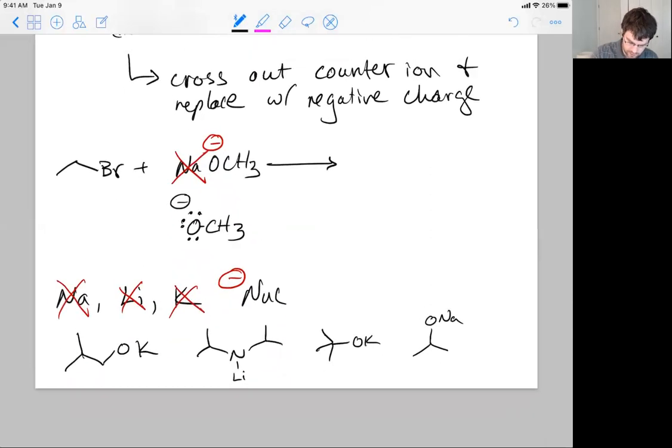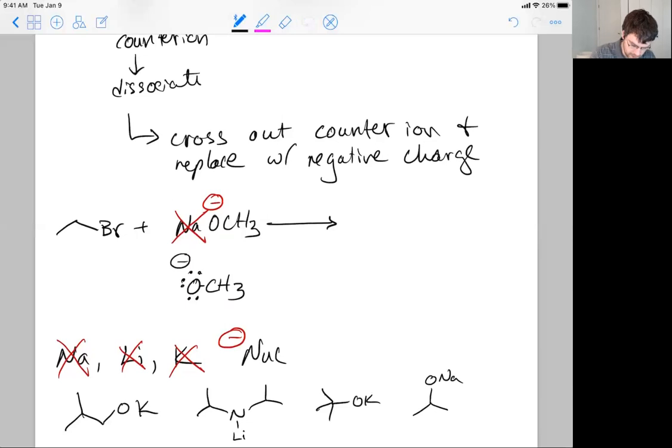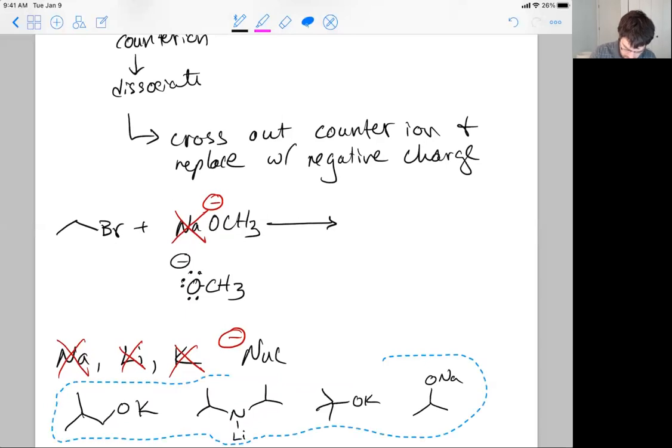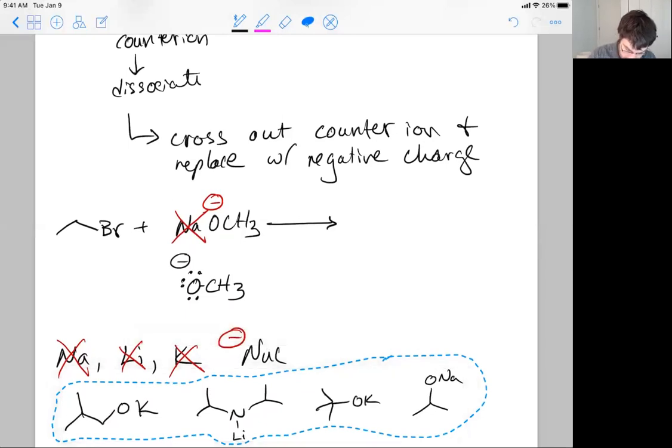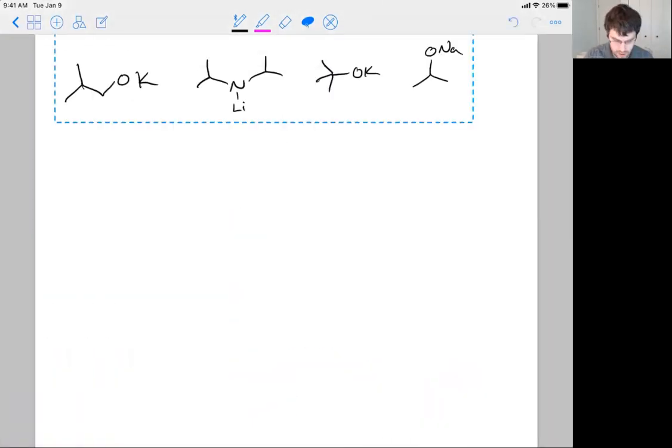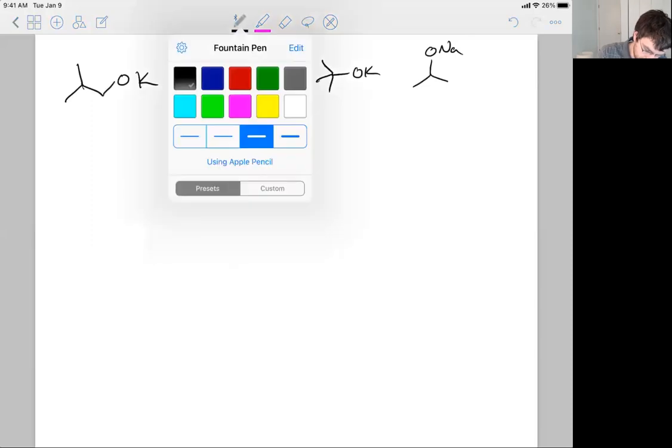What I want you to do for these is cross out the, and I'm just going to move them over to another page of notes here. So you want to draw the structure where you've crossed out the counter ion and replaced it with a negative charge. Okay, so let's go ahead and do that.